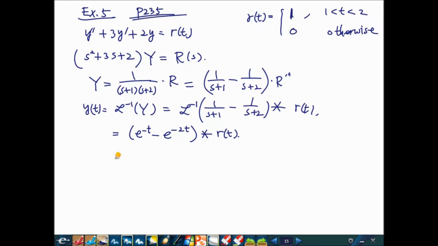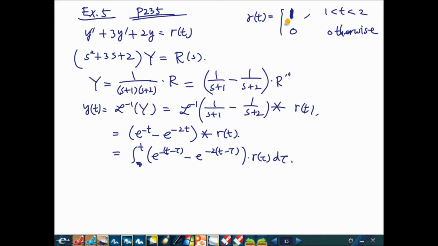I'm just going directly to the definition of convolution: the integral of e to the minus (t minus tau) minus e to the minus 2(t minus tau), times r of tau, d tau. I know that r is a very simple function, so I'm shifting the other one.